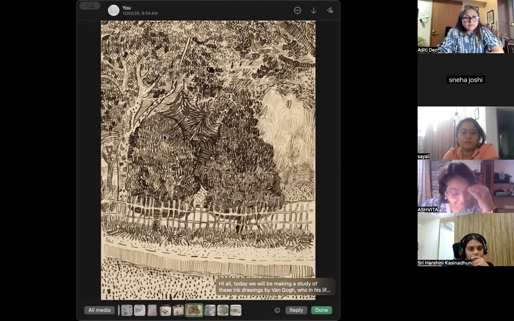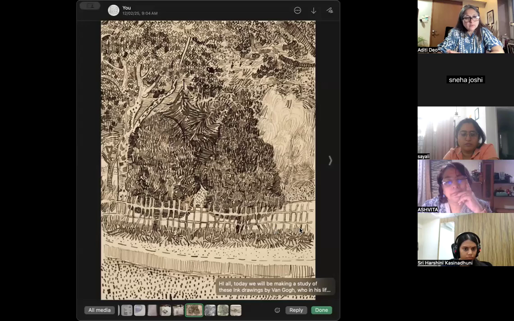Now, in this case, we have a whole bank of textures that he has used to indicate different kinds of leaves. The focus in this picture is mostly the forest. And then you have a foreground, which is just stippled with slightly fat strokes, then slightly thin strokes. You can clearly see a pavement.